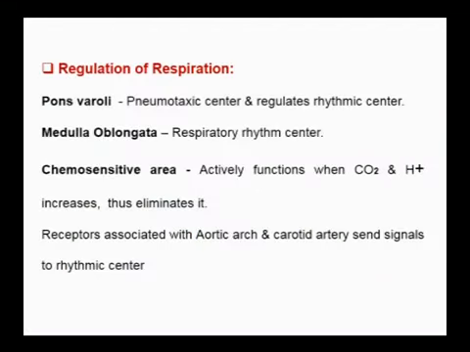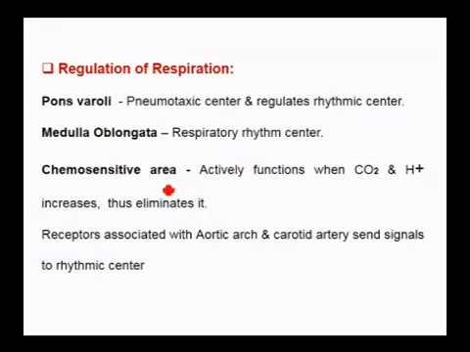The regulation of respiration. I have told you homeostasis is a beautiful central dogma of physiology. Regulation of respiration is controlled by various structures within our body itself. The pons varolii of the brain is the pneumotaxic center and regulates the rhythmic center. The medulla oblongata controls the respiratory rhythm center.